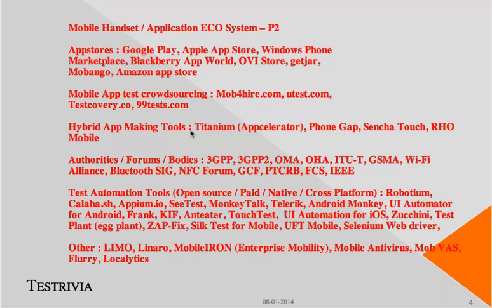So there are authorities, forums and bodies who are really moving this industry forward and taking control of things that happen. For example, 3GPP, Third Generation Partnership Project, OMA, Open Mobile Alliance, OHA, Open Handset Alliance, which is controlled by Google and is Google's initiative, NFC Forum, Wi-Fi Alliance, Bluetooth SIG Group, GCF, FCC, IEEE, ITU-T.